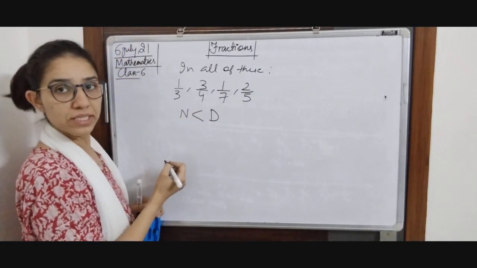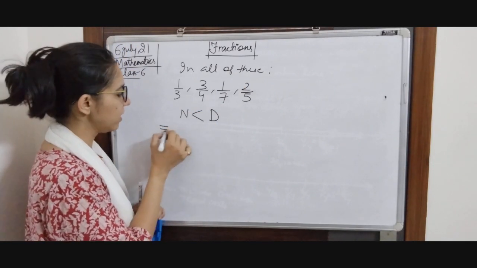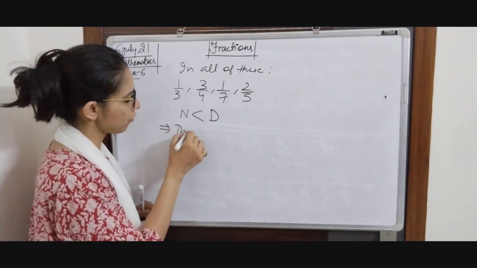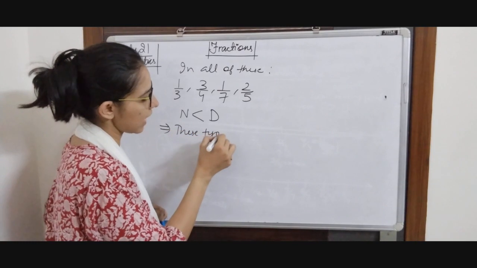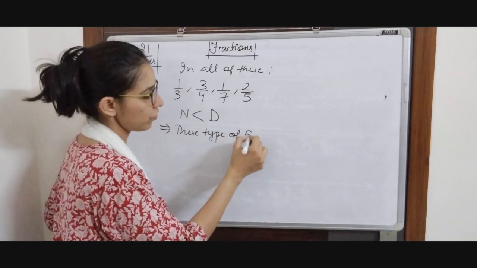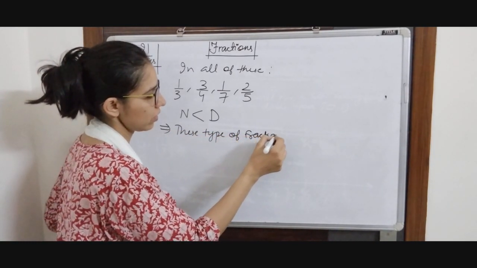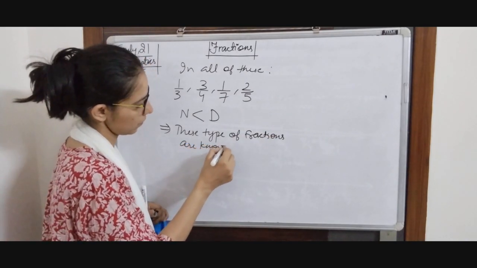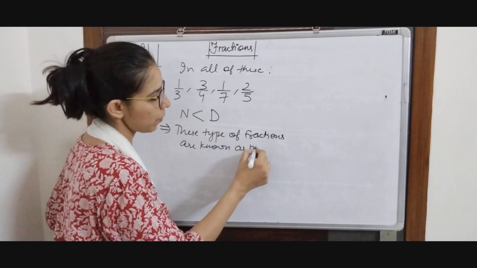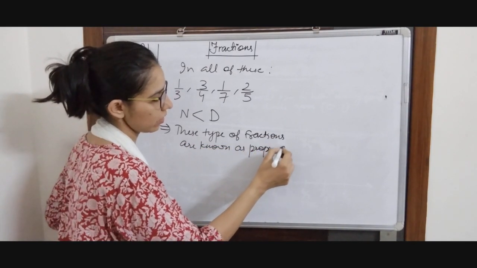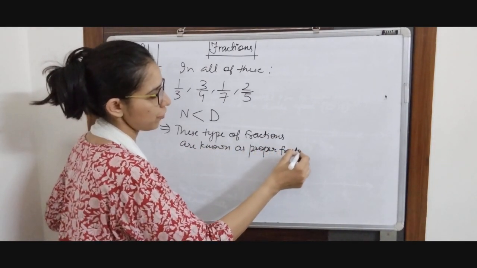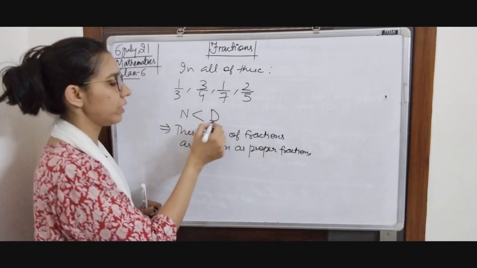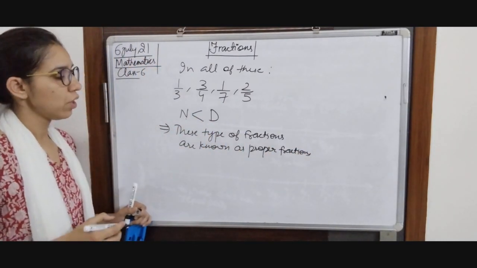If such is the case, then these types of fractions are known as proper fractions. Proper fractions are those in which the numerator is less than denominator.